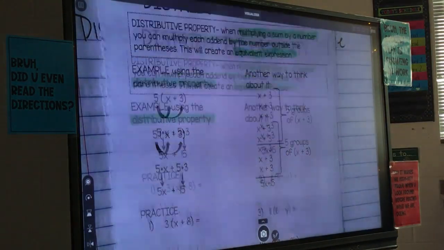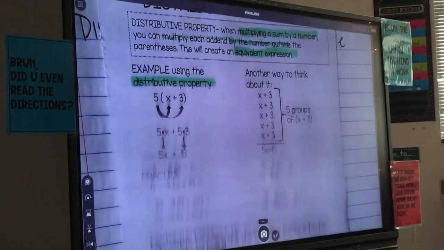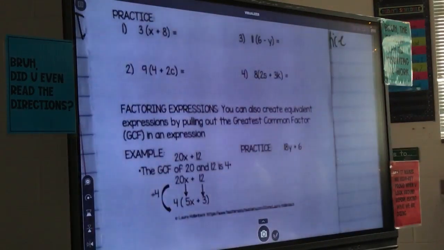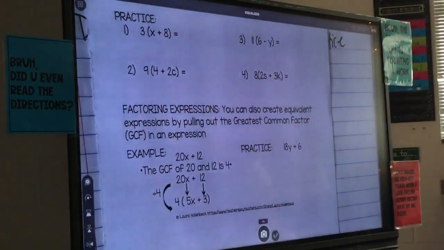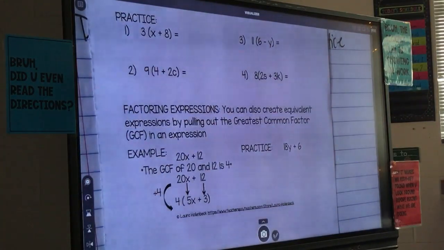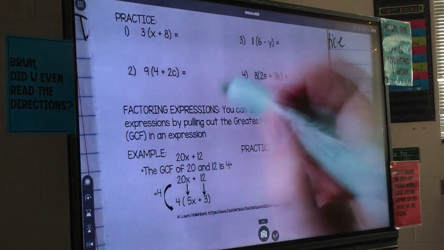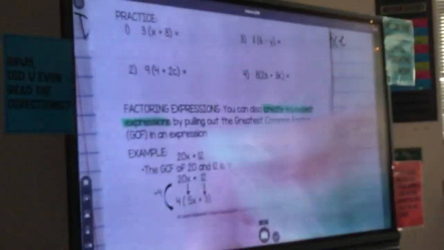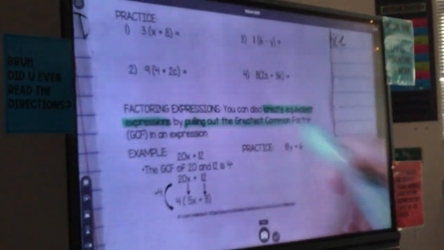Now, we're going to skip these 4 for a minute, and I want you to go down to where it says factoring expressions. Yesterday, on that assignment, slide 10 talked about finding the GCF and then using that to help you with distributive property. So factoring expressions is where you can create equivalent expressions by pulling out the greatest common factor.